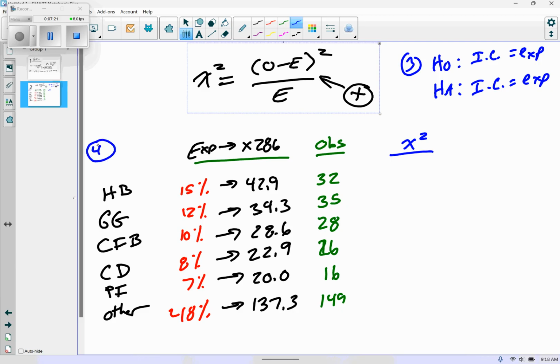Using the above equation, I'm just going to run through it and see what we do. So 42.9 minus 32, quantity squared, divided by the expected, 42.9.